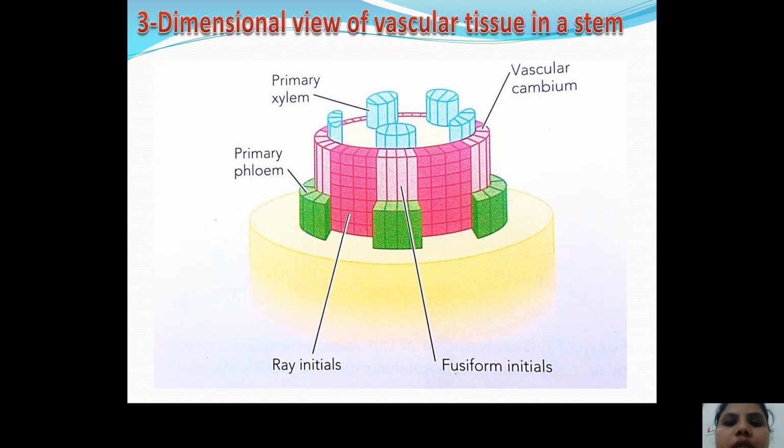Now, here you can clearly see the three-dimensional view of vascular tissue in a stem. See the primary xylem present towards the inner side and the primary phloem towards the outside, and how the vascular cambium and the ray and the fusiform initials are arranged.